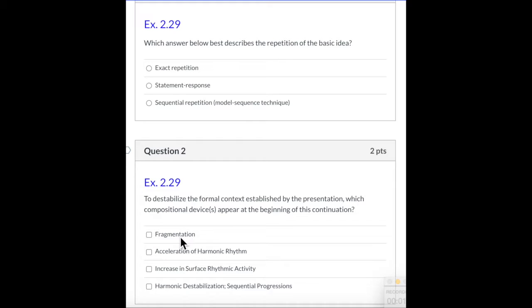But in this case, fragment means it's a one-measure motive. It may be new or it might be a repetition, but it's a one-measure motive that is then immediately repeated, and the repetition can have variation.